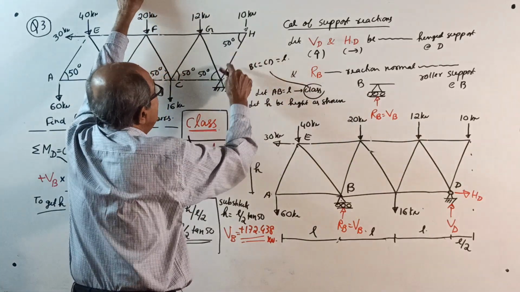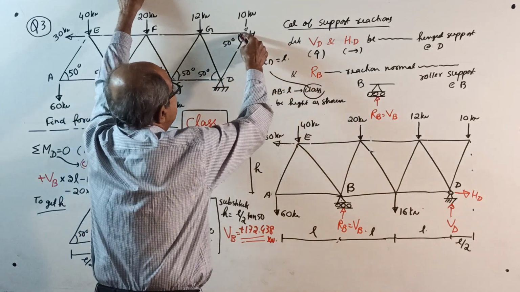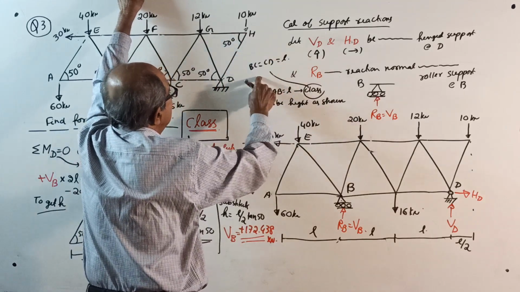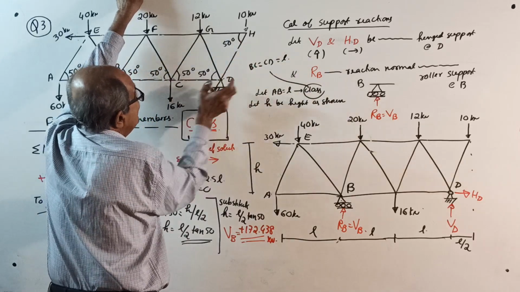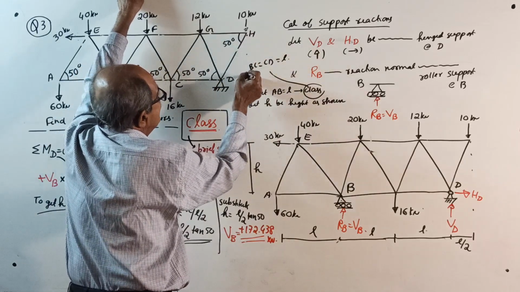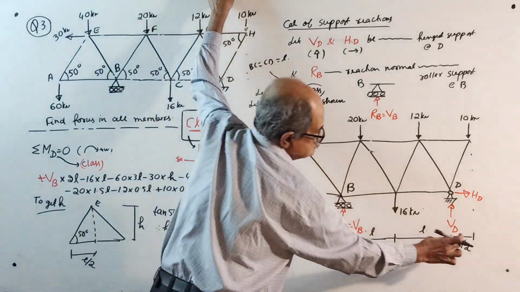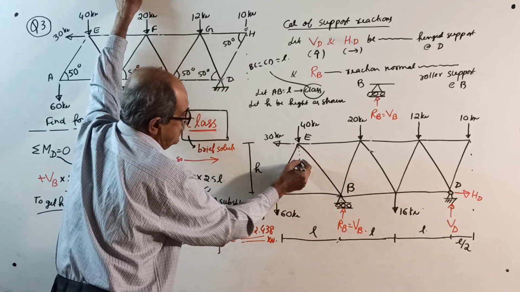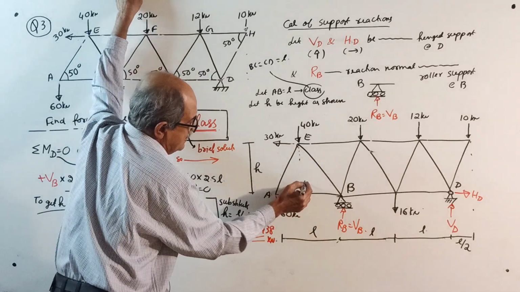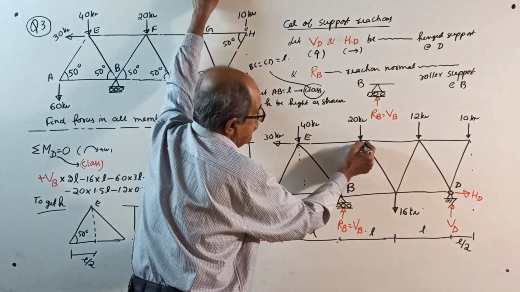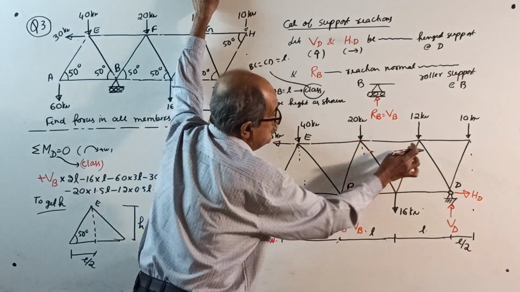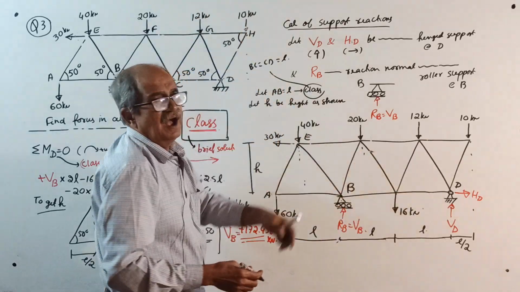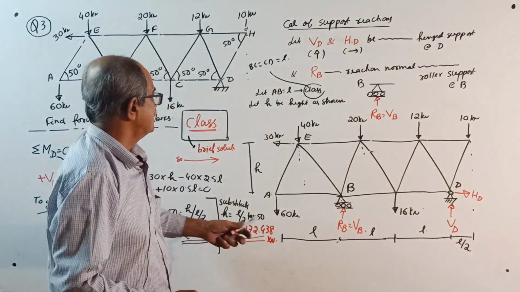So if this is 50, this is also 50 degrees, so this also 50. If this is L, this is L by 2. Also, if I project the 40 here, this will be L by 2. If I project 20 here, this will be L by 2. High school level mathematics.